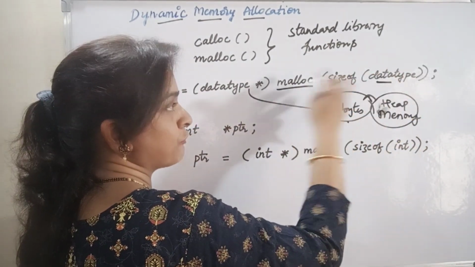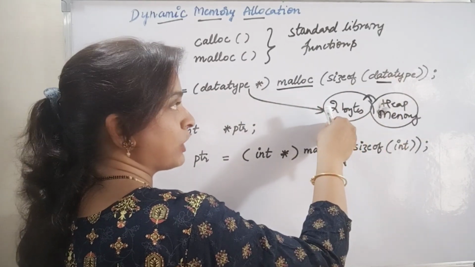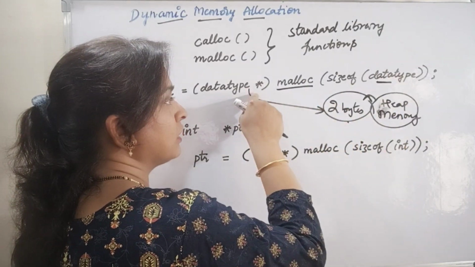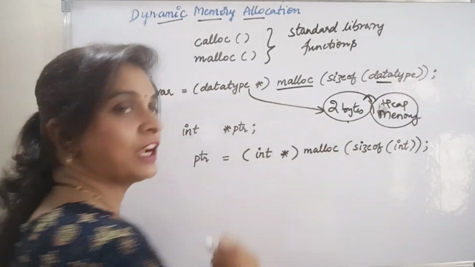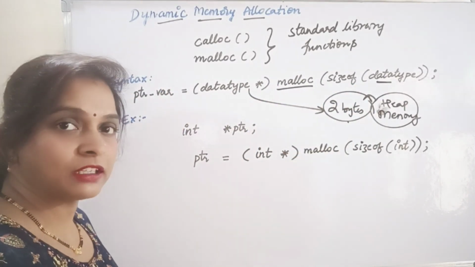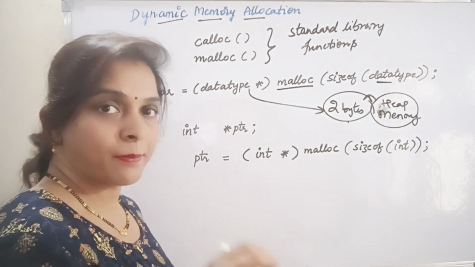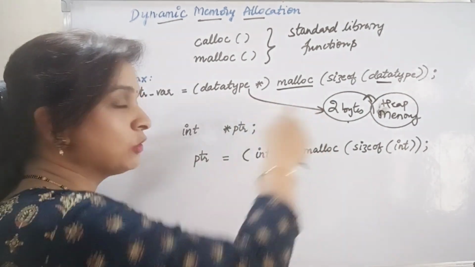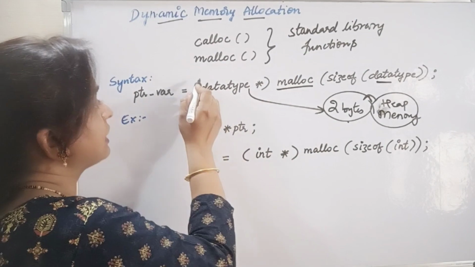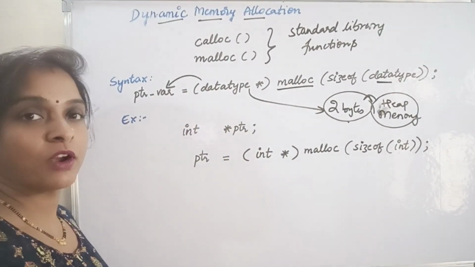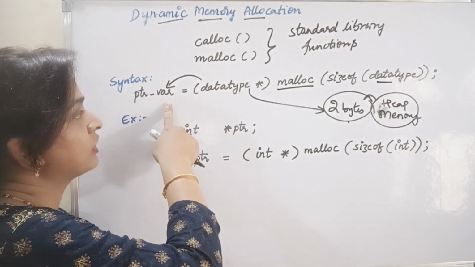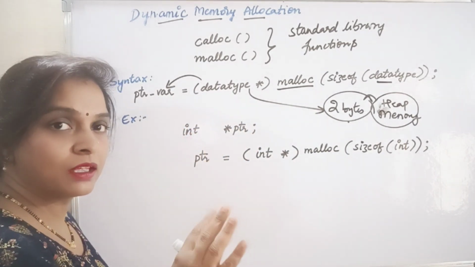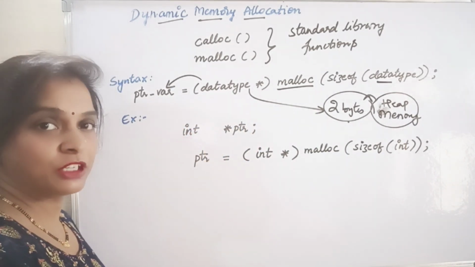With the help of the malloc function, that memory will be allocated, and this pointer will be typecast to this type to point to that memory. So I have a data type pointer, a pointer which is going to point to that memory, and that address will be held in this pointer variable. So a typecasting will be done. A pointer variable will be of that particular type.